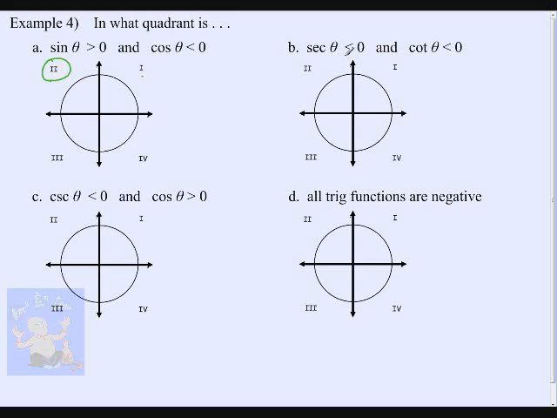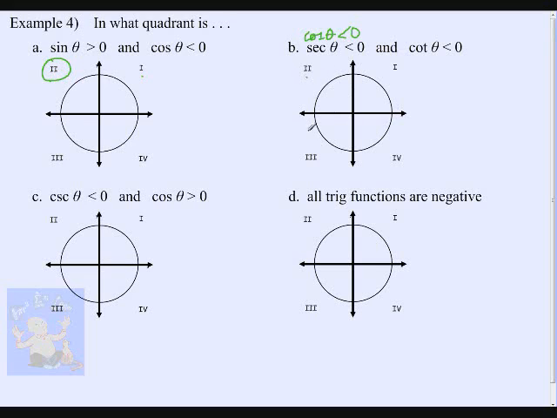Secant, let me think for a minute. What's a reciprocal partner of secant? I just think it's so much easier. They match, with regard to sine. So if this one's negative, cosine is negative. And just remember that so much better.